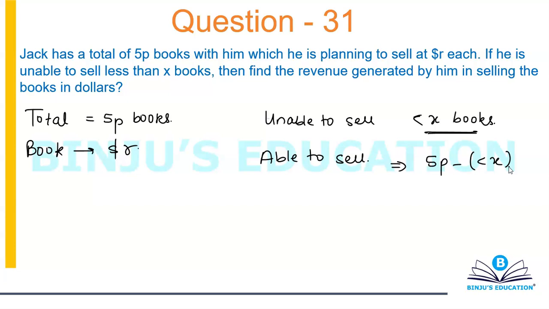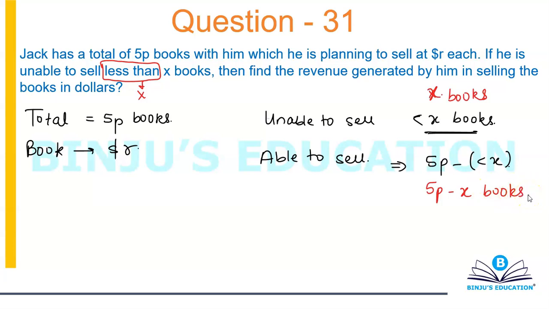Now, again understand this. Had he been unable to sell X books, like let's suppose the question was he is unable to sell X books, if this word less than was not there, then he would be unable to sell X books, which means he would be able to sell 5p minus X books.